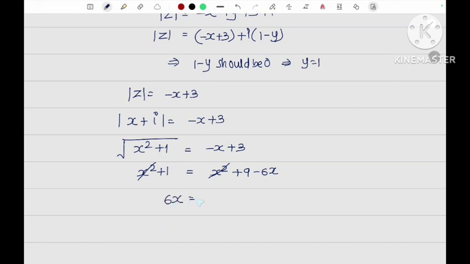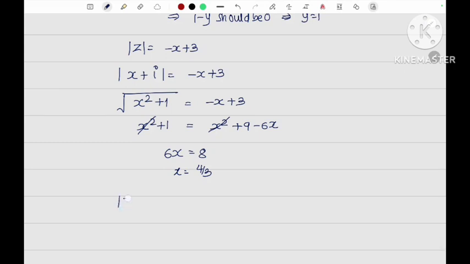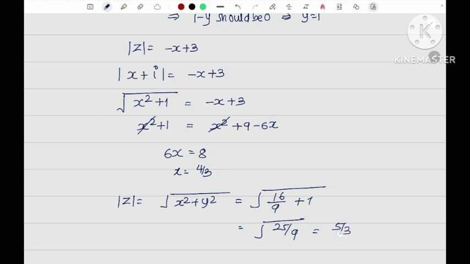You get 6x = 9 − 1 = 8, so x is equal to 4/3. So |z| becomes under root x² + y², which is under root 16/9 + 1, which is under root 25/9, which is equal to 5/3.